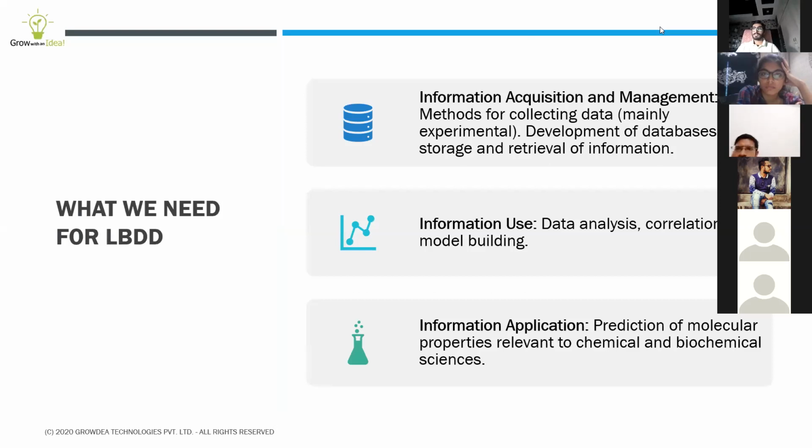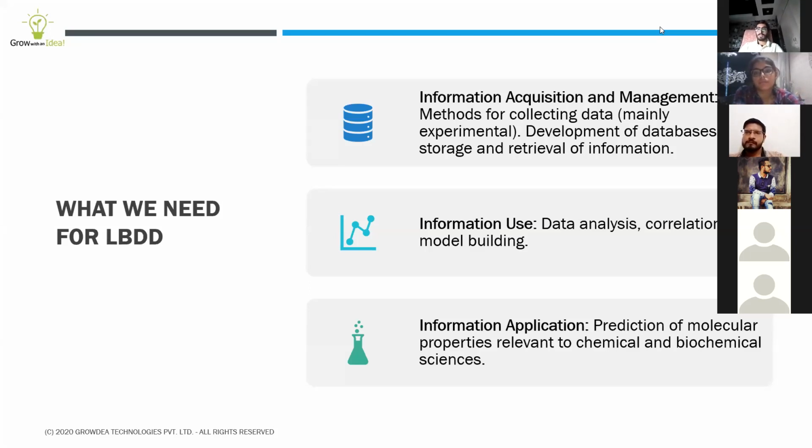I'm not putting lots of time on these slides; maybe there are much more interesting slides later on. So what do we need for ligand-based drug designing? Definitely we need data, right?